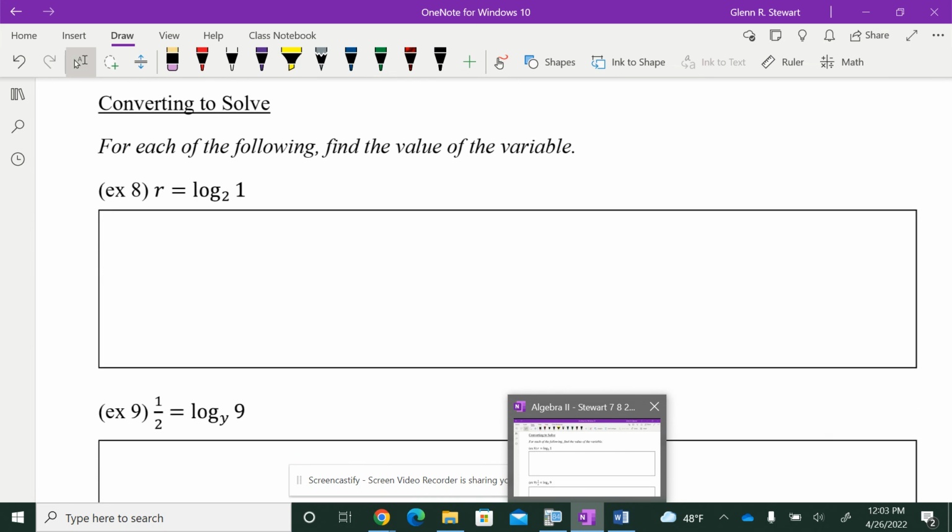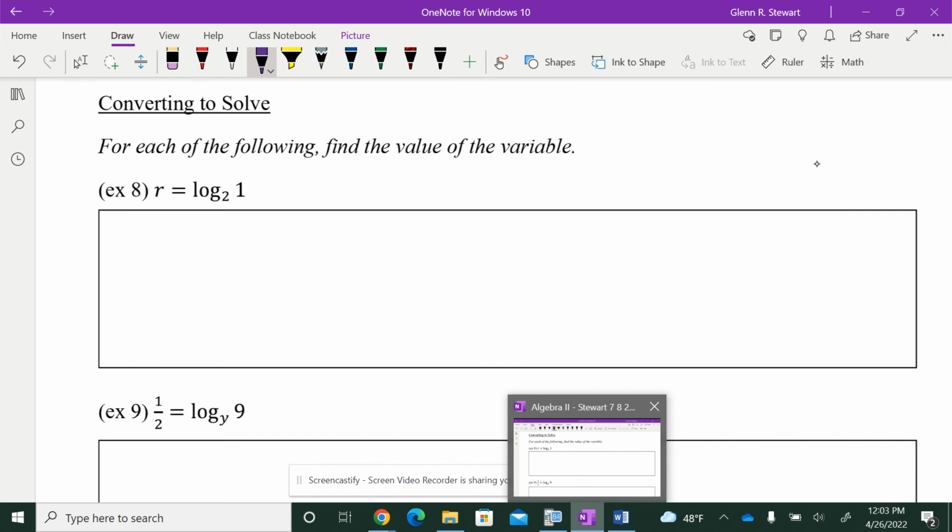All right, converting to solve. I've got 3 problems for you, and this will pretty much be it. For each of the following, we need to find the value of the variable. So what we're going to do is take the log and switch it into exponential form. If you want to try that on your own, you can. We'll end up getting whatever our answer is for that variable. So again, we're going to be using those formulas.